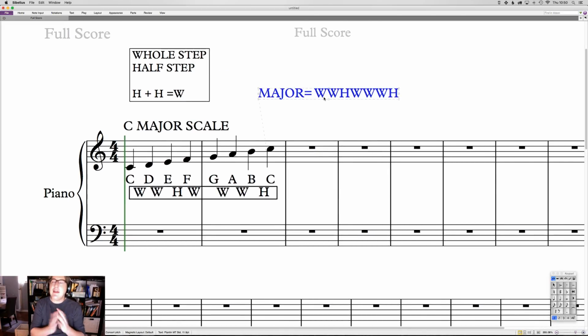If you take nothing away from this video, take away the fact that major is whole, whole, half, whole, whole, whole, half. That is, there are 8 notes, and the steps between them follow this pattern.